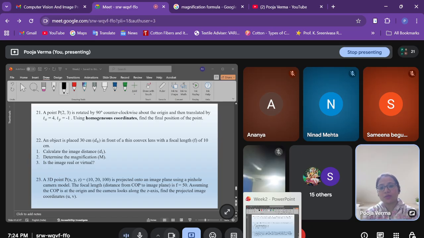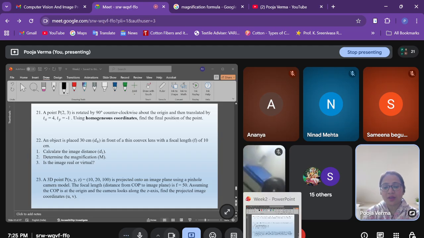So how can we solve this question? This is a simple rotation and translation matrix problem to find the new coordinates. A point is given, and it is rotated by 90 degrees counterclockwise about the origin. After that rotation, it is also translated by these values. And we use homogeneous coordinates.